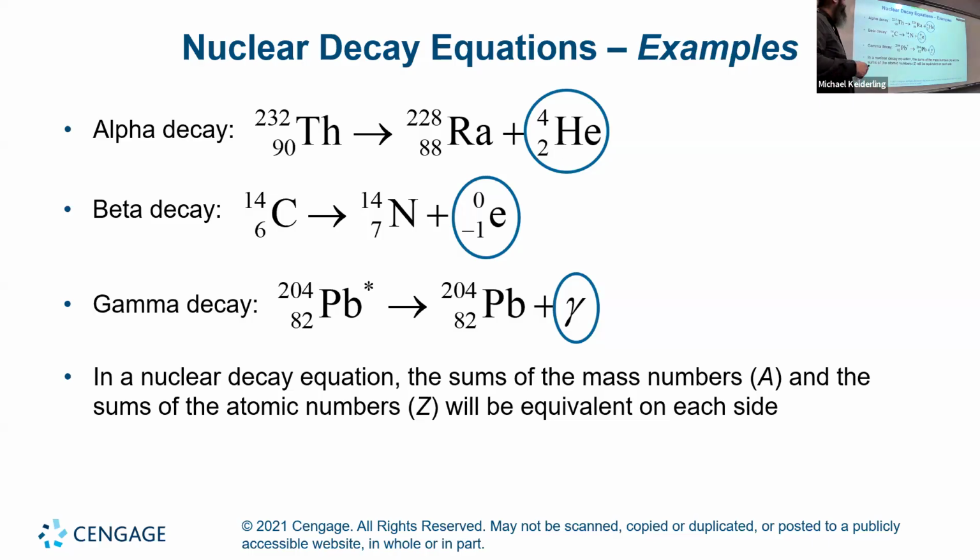And gamma decay, here we have energized lead-204 becomes unexcited lead-204 plus a gamma ray. So the sums of the mass numbers and the sums of the atomic numbers will be equal on each side.